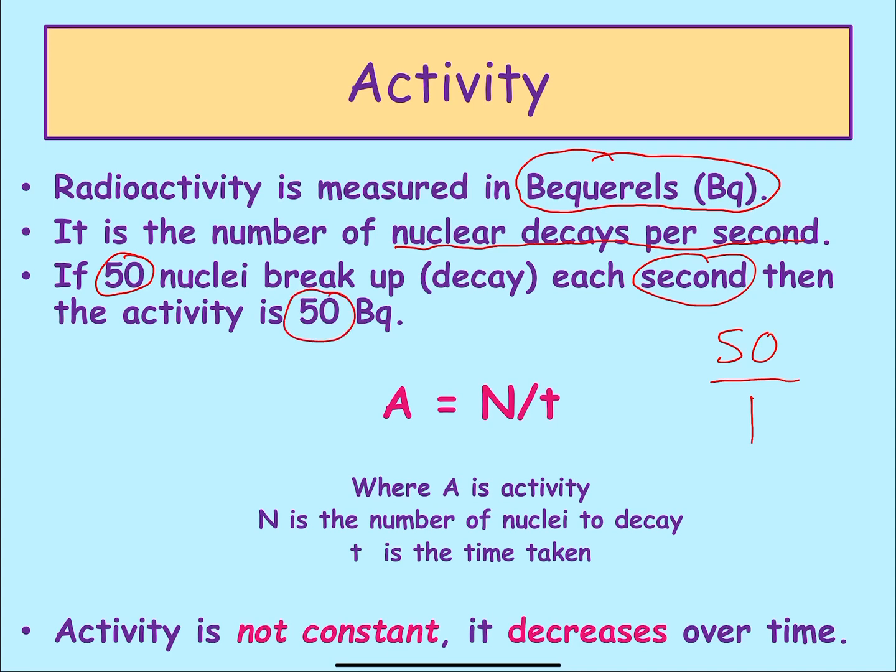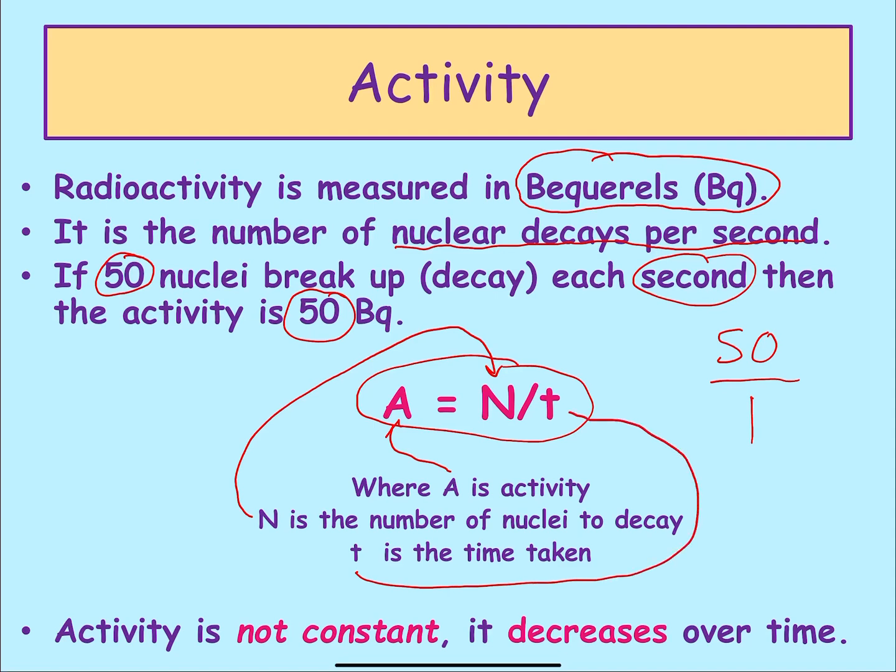And what we do is we use this equation here, A equals N over T. So A is the activity, N is the number of nuclei to decay, and T is the time taken for this to happen, and again that's always in seconds.